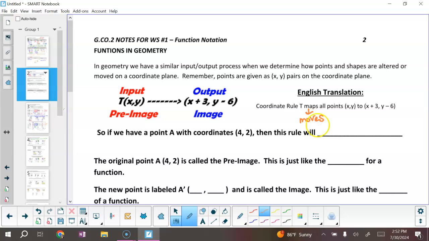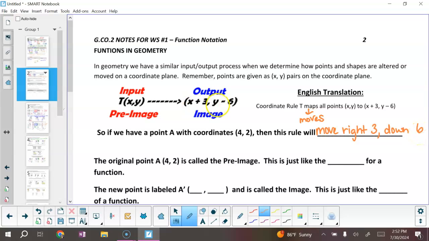So this is going to move right 3. And it says minus 6 here. So y moves either up or down. Well, since it's a minus, that means it's going to move down. So it's going to move right 3, down 6.